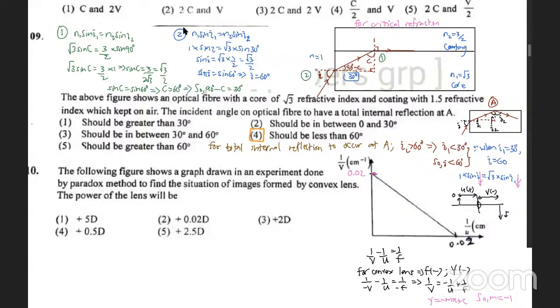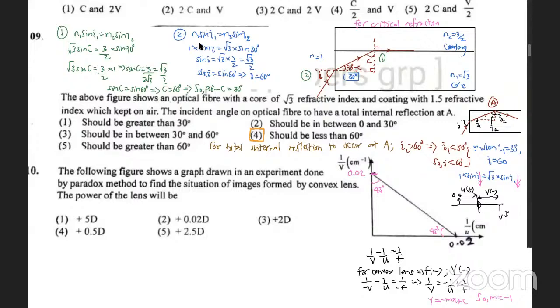How did you both understand that? I told you, you have to figure it out. Because the gradient is minus 1, whatever value you put here, it will be here also. In other words, this angle is 45, this angle is also 45. So it is an isosceles triangle, so these two sides should be equal.